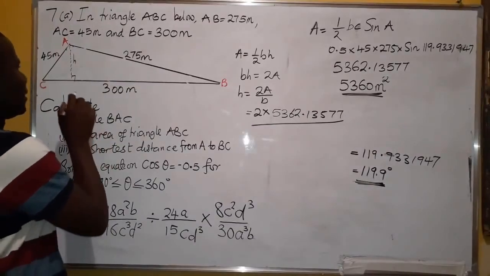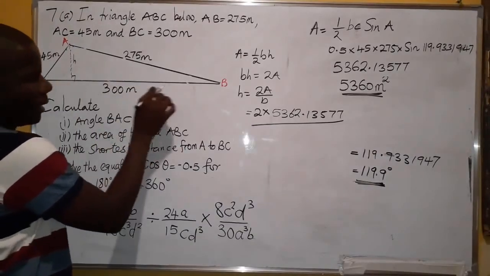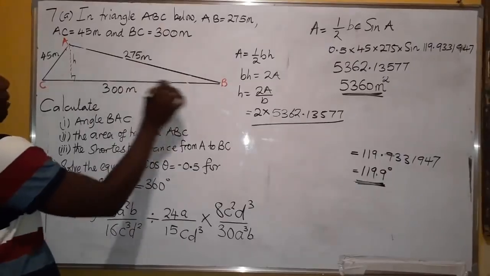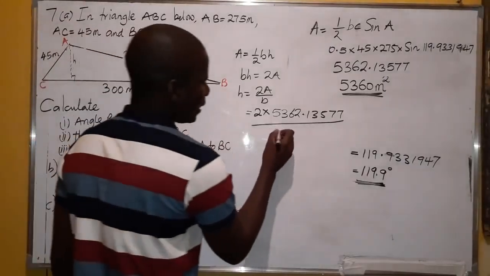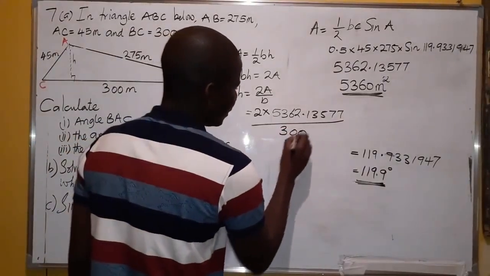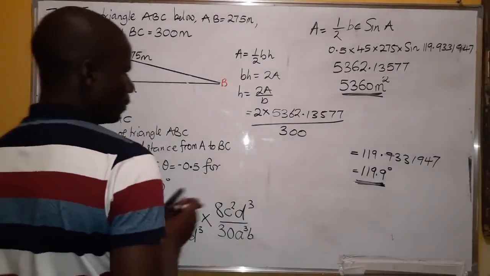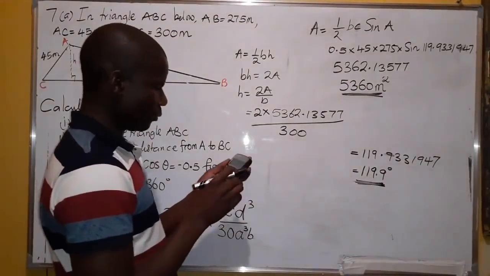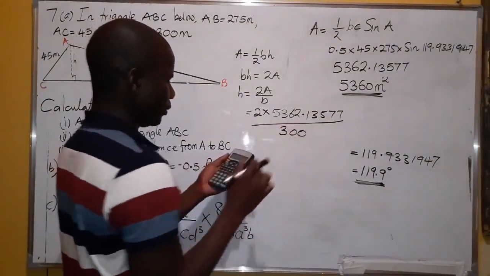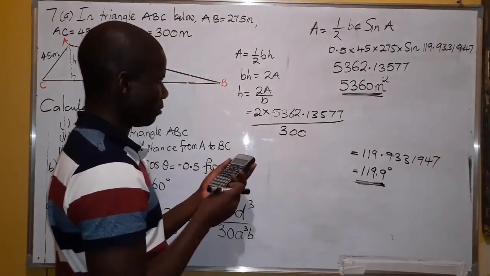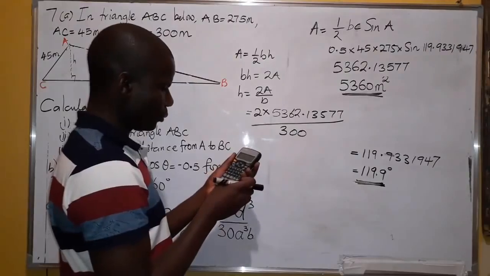What is our base? Our base is 300. Okay? So it's the job of us multiplying. Just multiply this one by 2. You multiply area by 2.